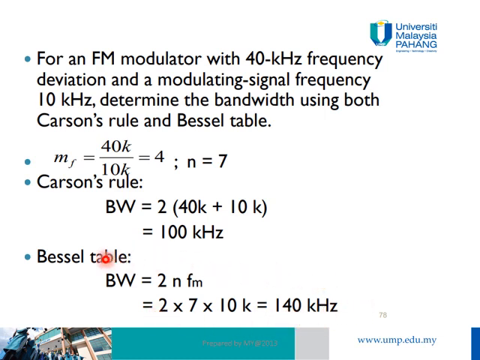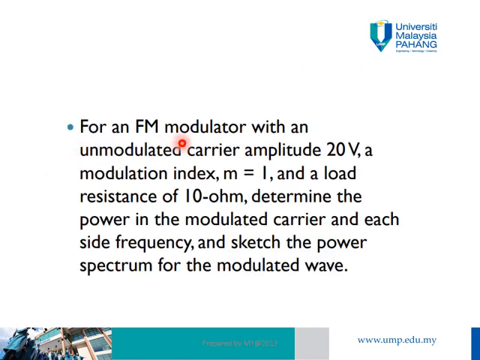This is the conventional way of calculating bandwidth from the Bessel table, and this is the approximation of the bandwidth calculated using Carson's rule.